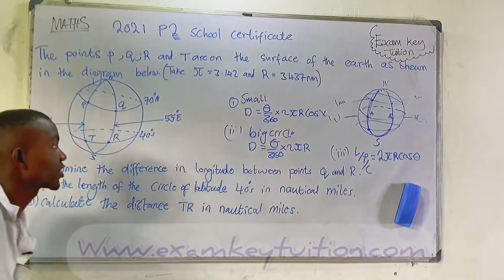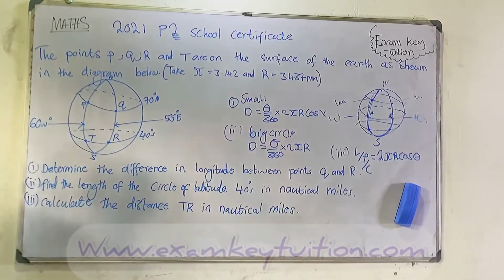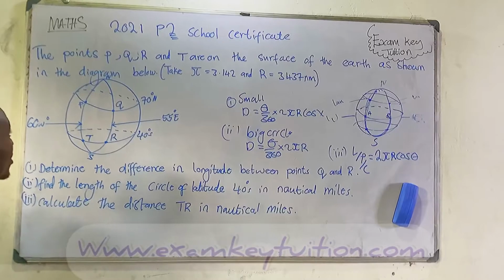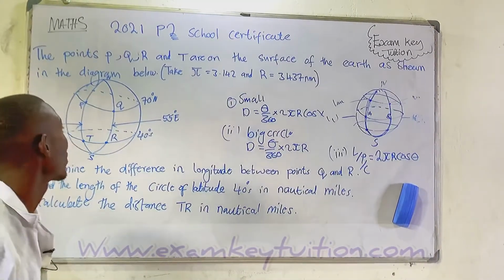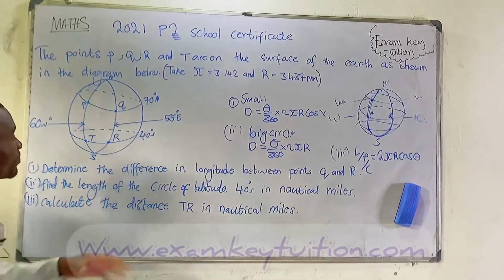So let's stick to our question. The points P, Q, R, and T are on the surface of the Earth as shown in the diagram below.